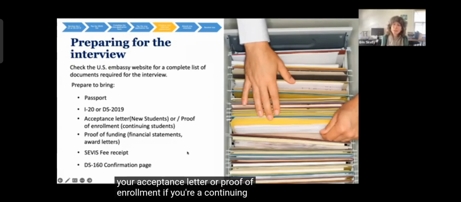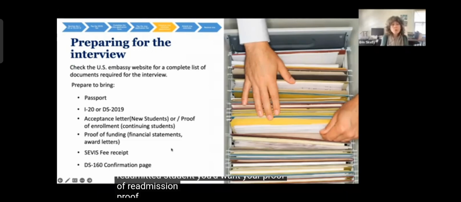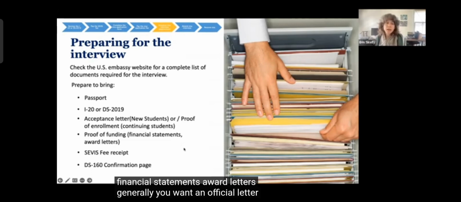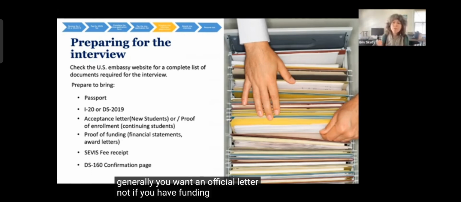If you're a continuing or readmitted student, you'd want your proof of readmission, proof of financial support, financial statements, award letters. Generally, you want an official letter. If you have funding from your department, you might have provided a form to our office, a guarantee of financial support, for getting your I-20.